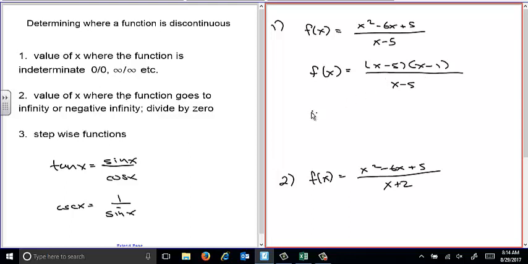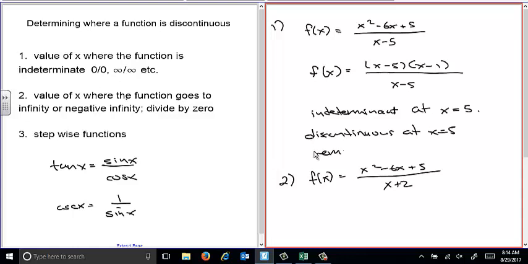So this is indeterminate at x equals 5, so it's discontinuous at x equals 5, but it is a removable discontinuity. So I could remove the discontinuity if I wanted to.